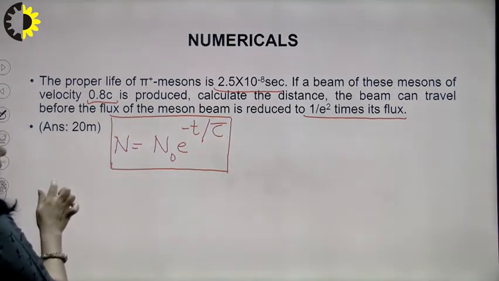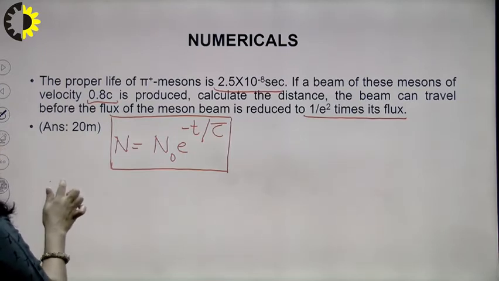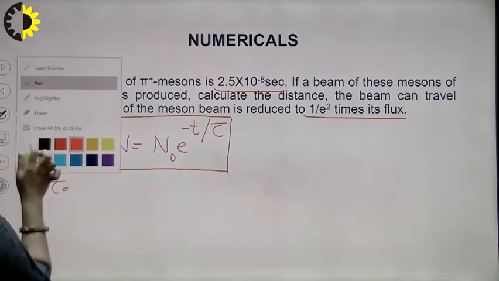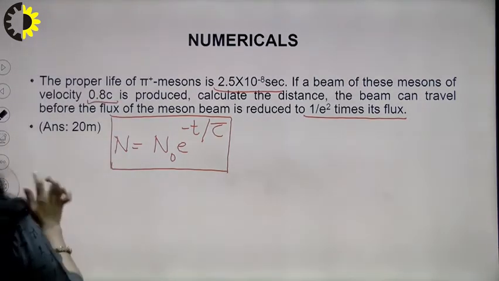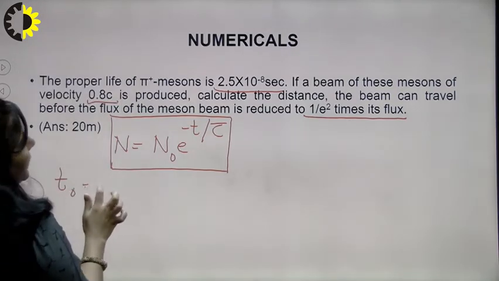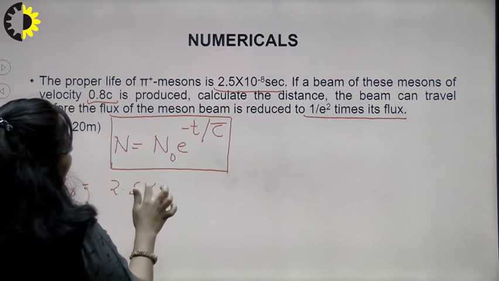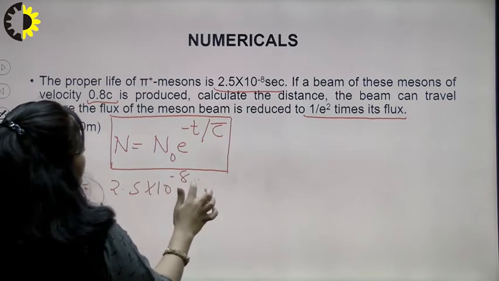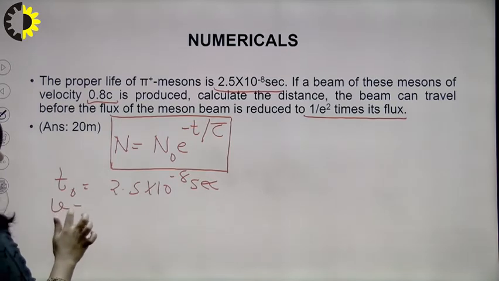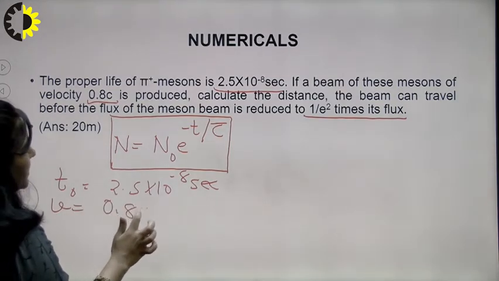So first we have to find this tau. You have these pi mesons. The proper lifetime that is given, T naught, is 2.5 into 10 raised to power minus 8 seconds, and the velocity with which they are moving is 0.8 c.